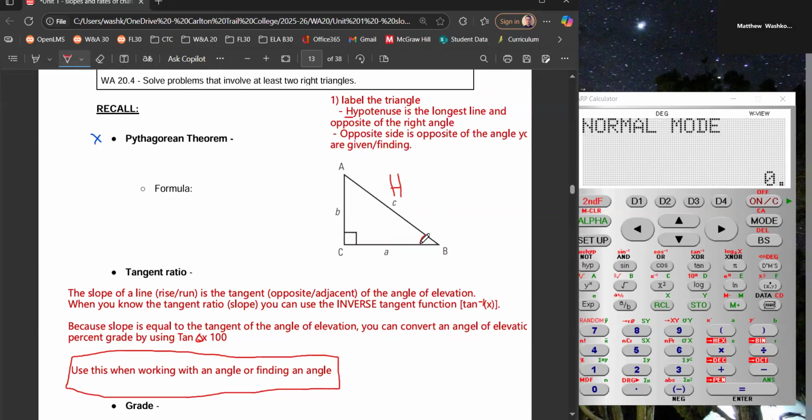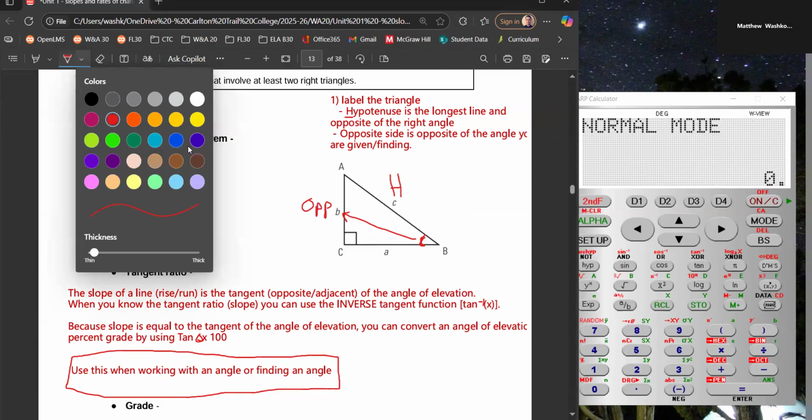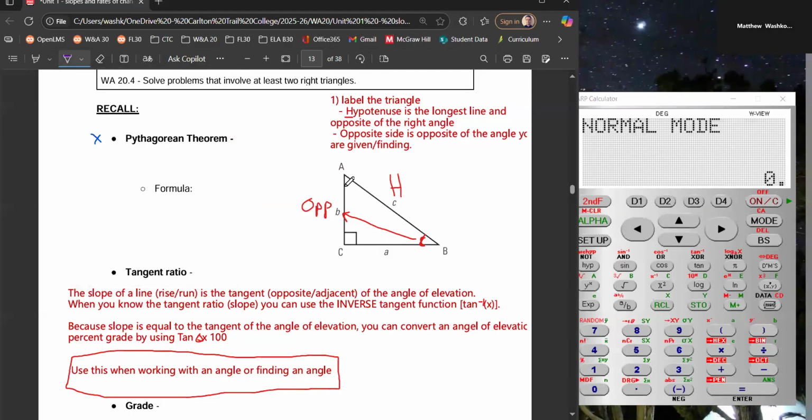If I am saying, hey, you need to find this angle, angle B, is that 20 degrees, 30 degrees, I don't know, you would use what's opposite of that as the opposite side. Now, I'm going to use a different color for this, though. What if I was saying, hey, find this angle, angle A? Well, then this would be the opposite side. So the answer here is it depends. I'm going to stick with the red part for this point.